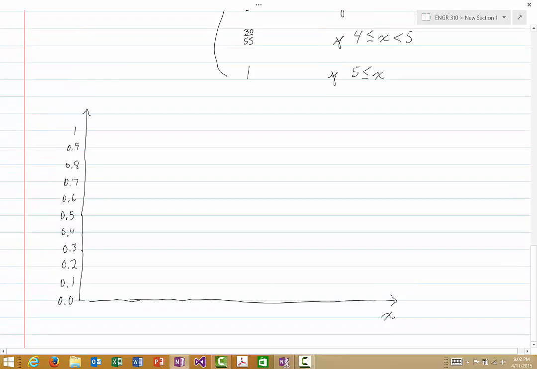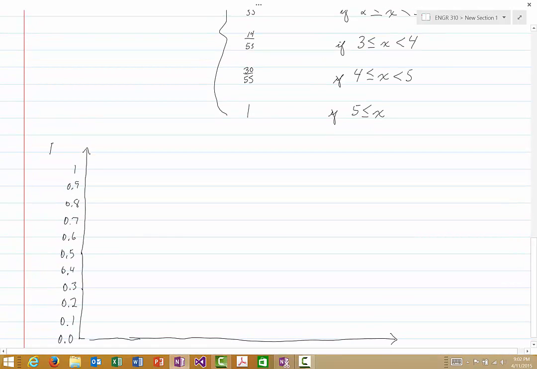And this will be little x, and now we're plotting capital F of little x.